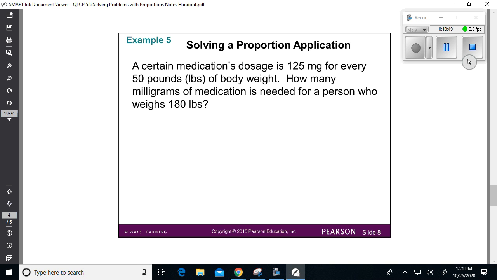Good, Steve. 125 milligrams over 50, X over 180 pounds.